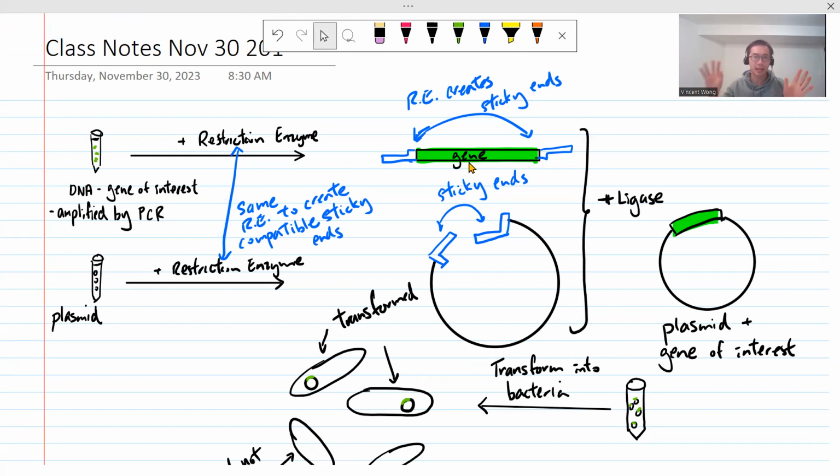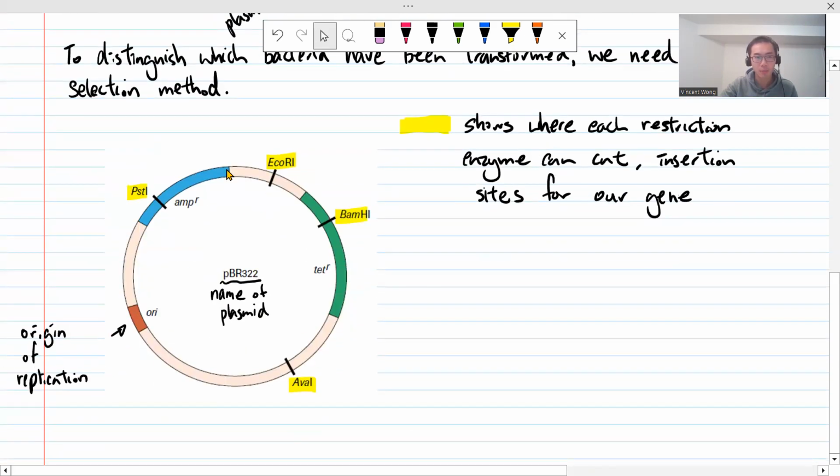So theoretically, if your restriction enzyme cuts AATT and there is AATT within the gene, you cannot use this particular restriction enzyme. So you have to try another one. That's why you need to have multiple options when it comes to what kind of restriction enzyme we can use to insert the gene into the plasmid.